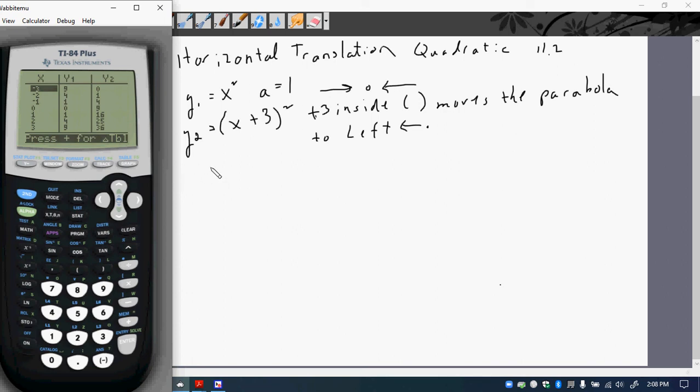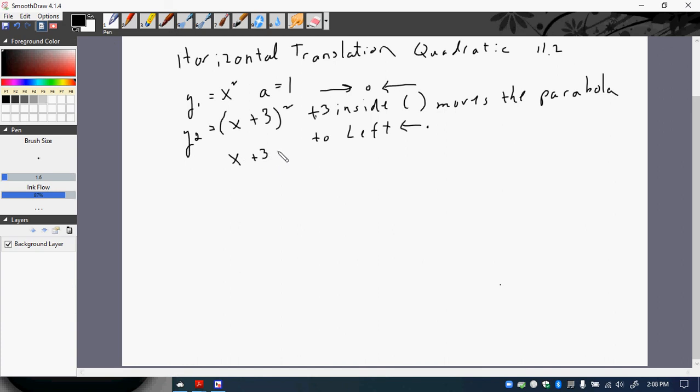So in essence, you basically are taking the x plus the 3 and setting it to 0. And if you solve this algebraically, you see why it is shifting 3 units. It's because this is -3 that's causing it to go to 0.